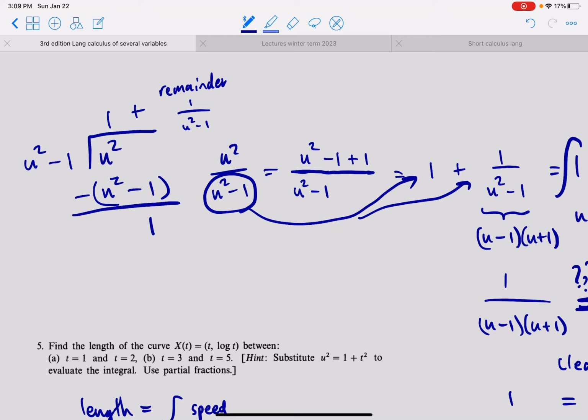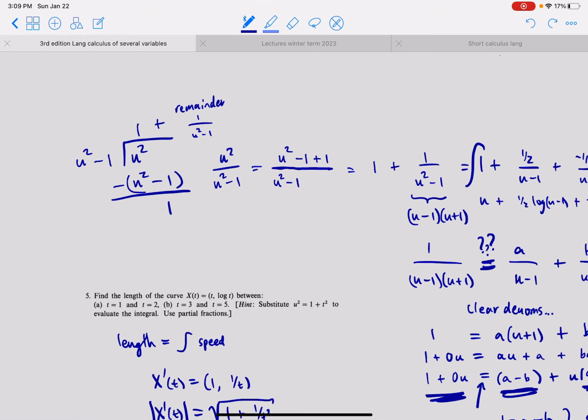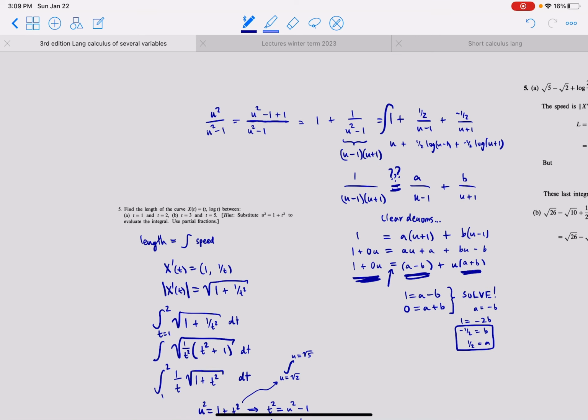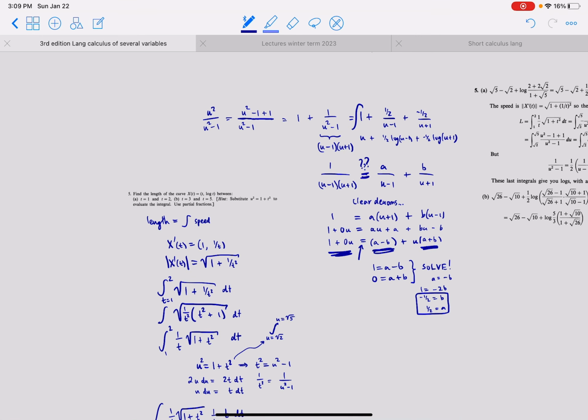Okay. Anyway, this is confusing. So take your time and make sure you see the several tricky things that are happening here.